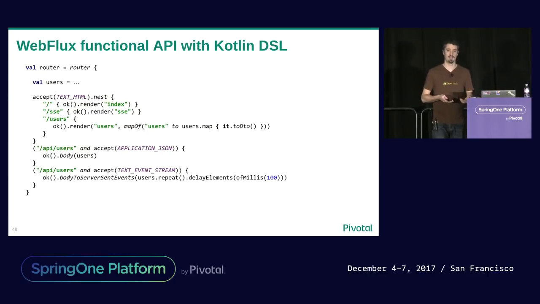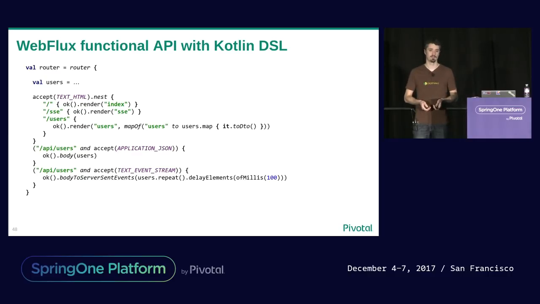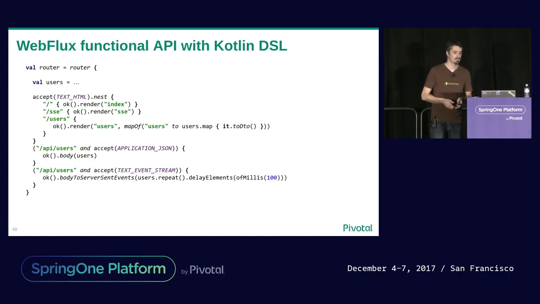A DSL is a kind of higher-level API that allows you to declare various things in a more declarative way. We don't want to abuse DSLs, so in Spring Framework 5, we provide two DSLs, the router one and another one that we are going to see later.